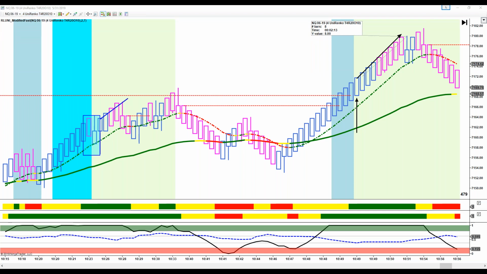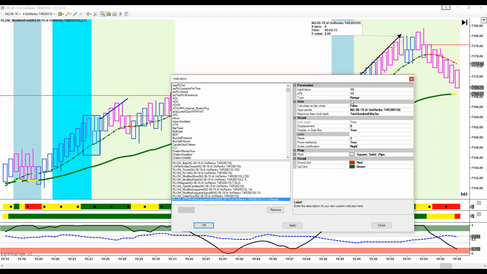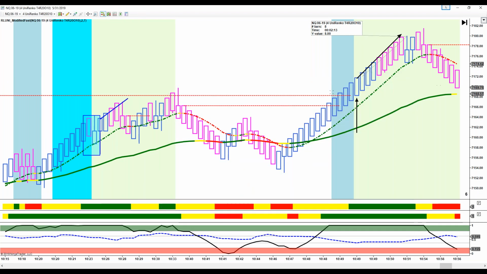So the higher time frames are 6 and 8 Renko. We're looking at the long-term Laguerre off a 13 range and an 8 range. We'd have to change all of that, but this is a time frame independent system, and ultimately doesn't matter.